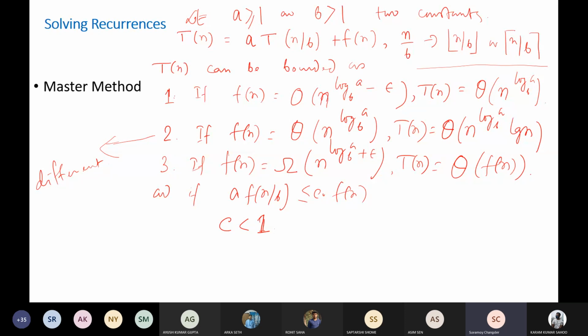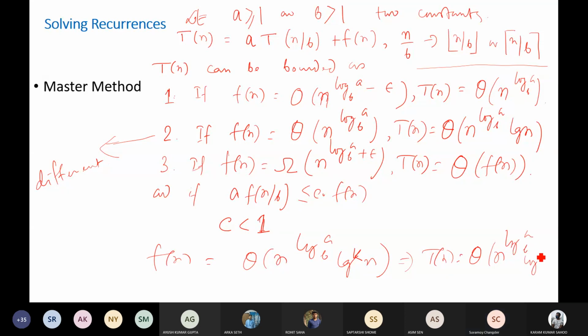Like this one: if f(n) equals theta of n to the power log a base b times log n to the power k, then T(n) equals theta of n to the power log a base b times log n to the power k plus 1.